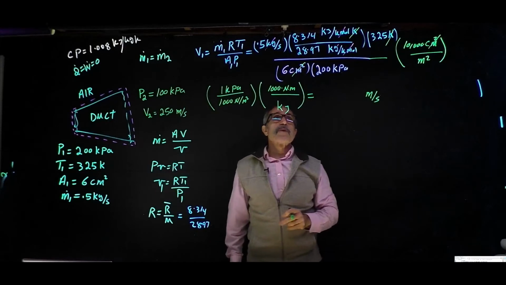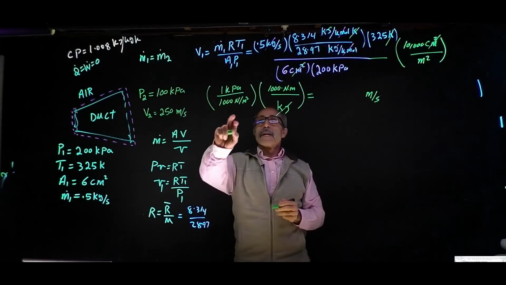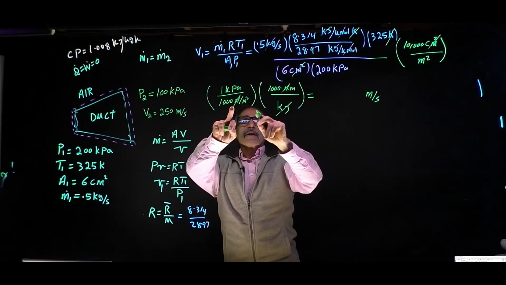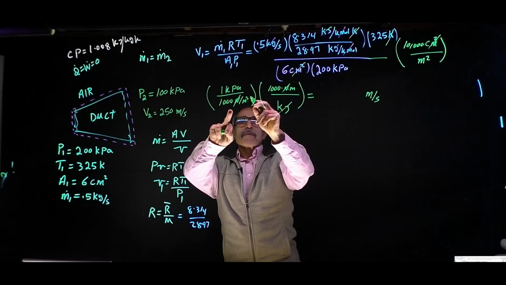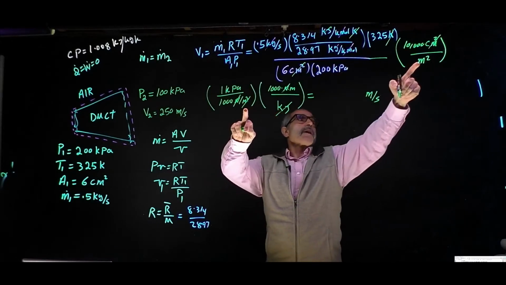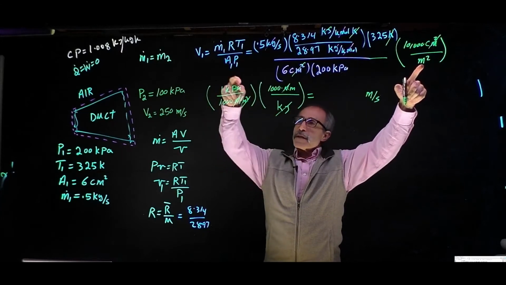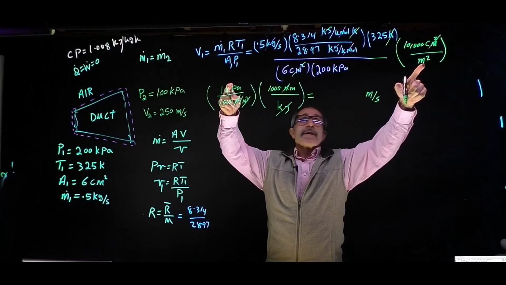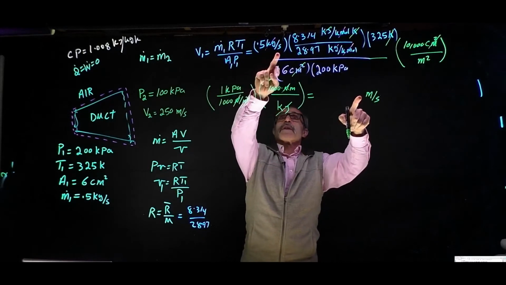So let's see how it's going to work out. Kilojoule is going to cancel with kilojoule. There you go. And Newton is going to cancel with Newton. Okay. 1 meter squared is going to go with 1 meter. So I have per meter in here, but I've got 2 over there. So this is going to be on top because it's per meter squared, it's on the bottom, so it's going to come out on top. And those two are going to cancel out, so I'm going to have meter. I have meter left over divided by second.